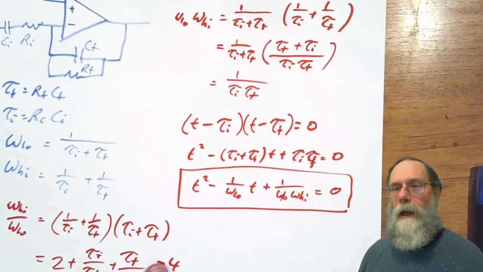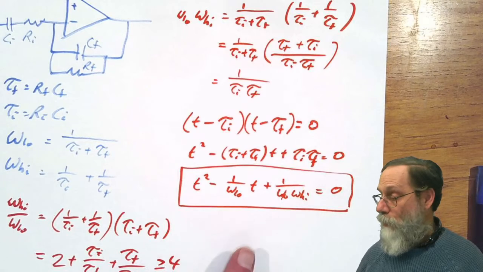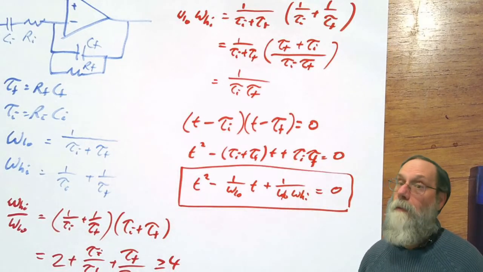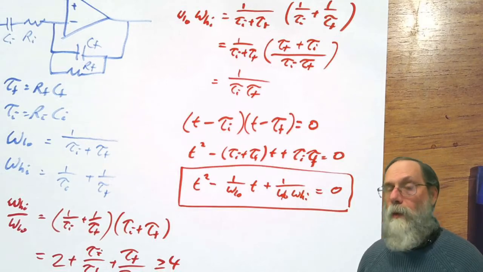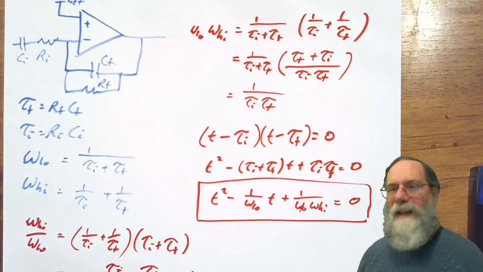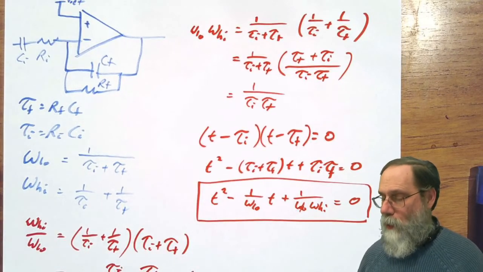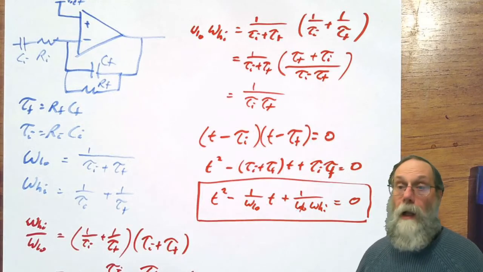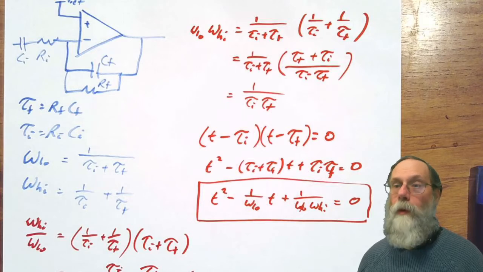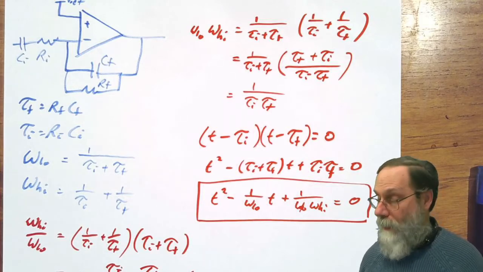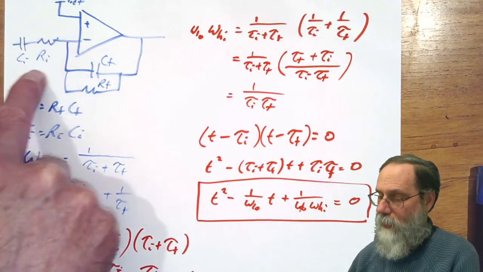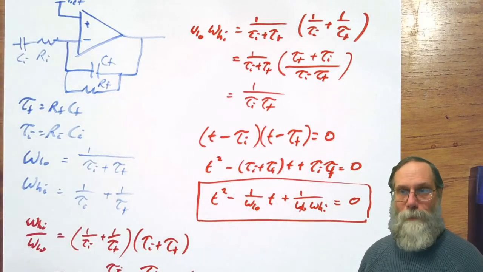And so it then just becomes a matter of, if we've got two roots to this quadratic equation, one of them's tau f, one of them's tau I, which one's which? Well, it's generally easiest to work this one so that the larger tau value, the one that corresponds to the higher frequency, goes with the feedback, and the smaller tau value goes with the input.